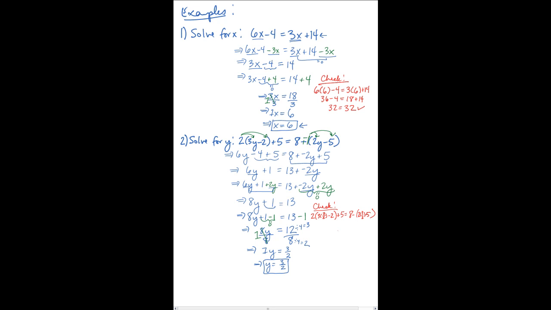And now we can simplify some of this. We can write this as 2 times parentheses 3 over 1 times 3 halves minus 2 plus 5 equals 8 minus 2 over 1 times 3 halves minus 5.